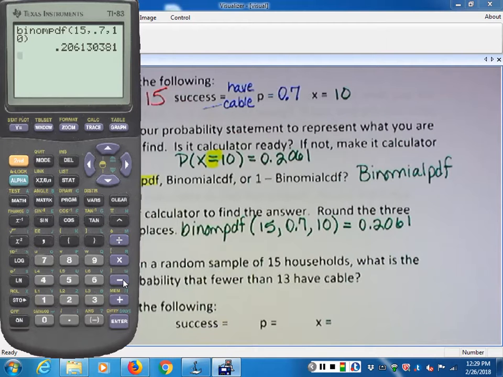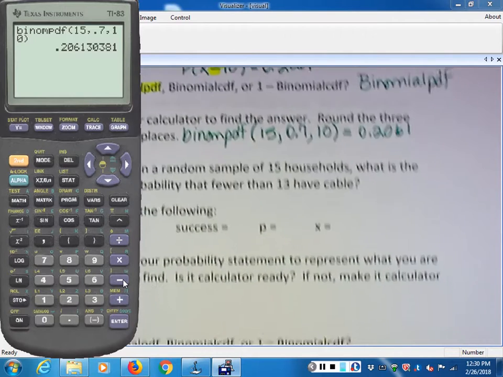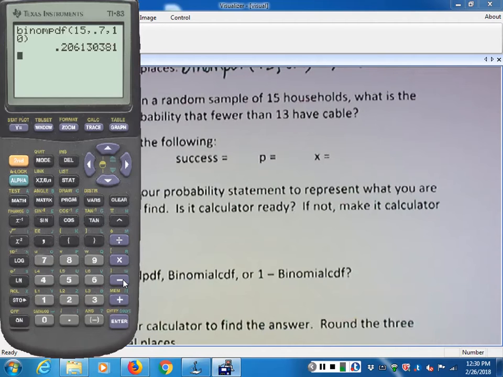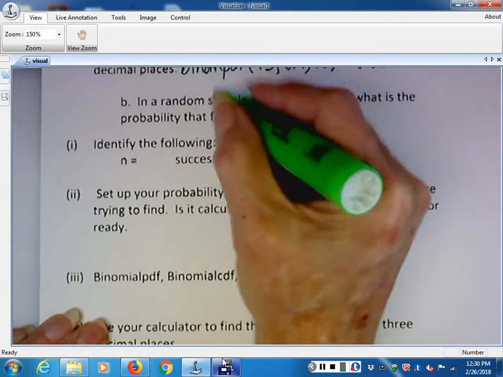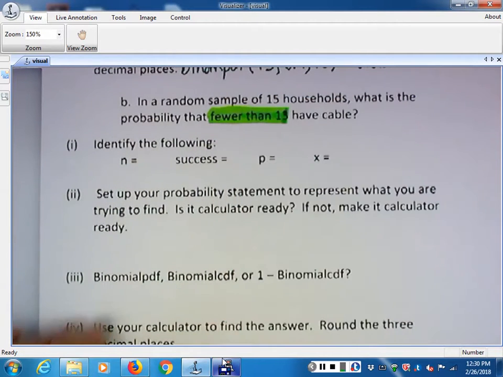So let's do one more, and then take a break. Part B. Looks like kind of the same setup. In a sample of 15 households, what is the probability that fewer than 13 have cable?